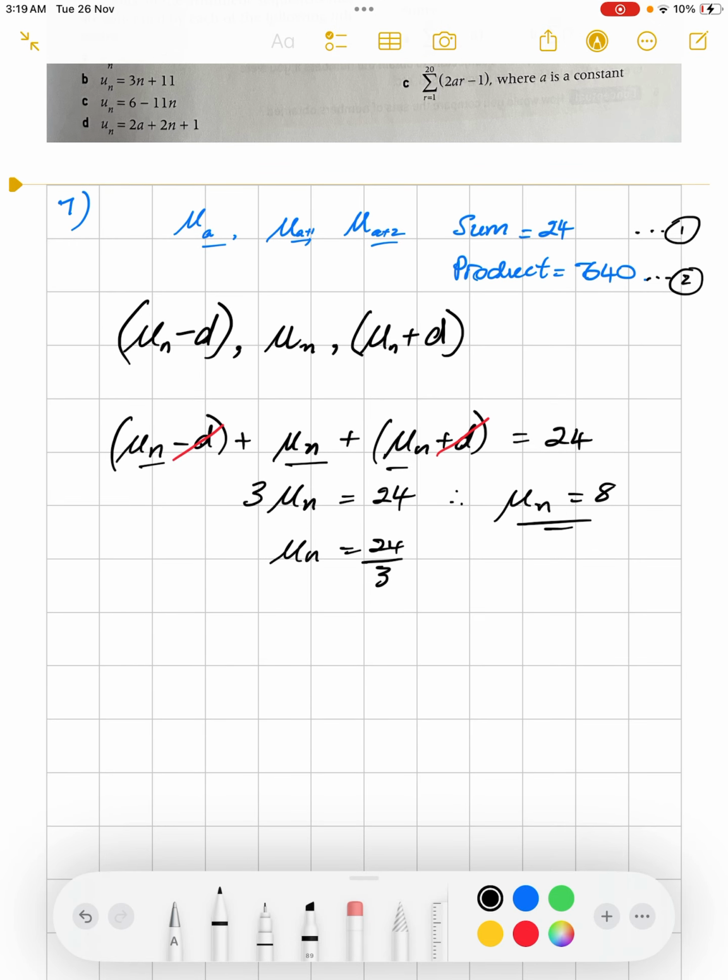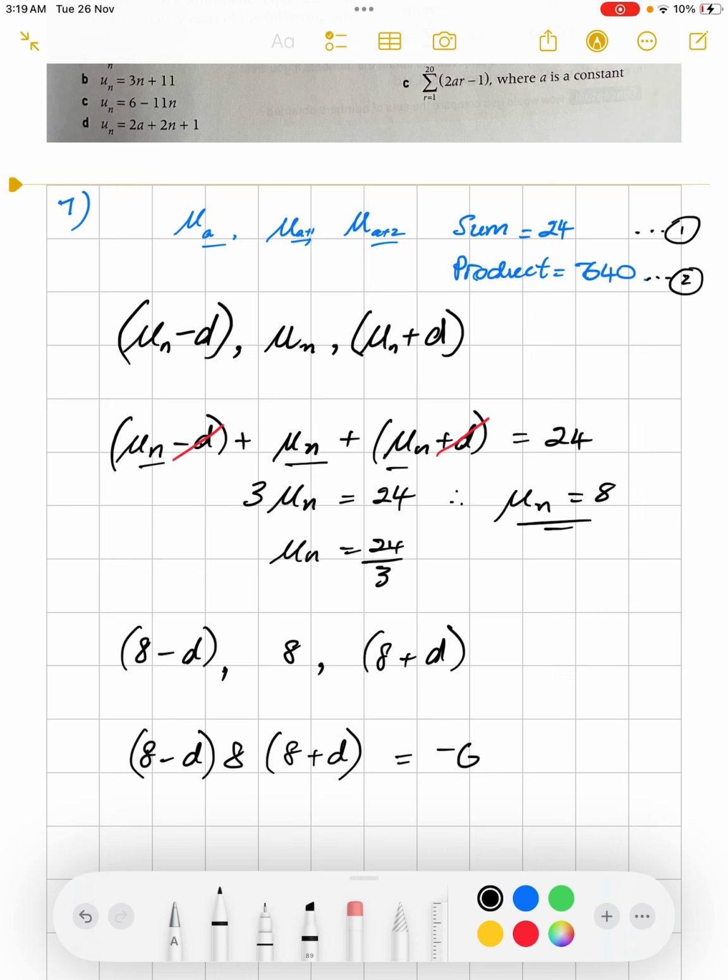So we know that it's going to be 8 minus d, 8, and 8 plus d. That's what we know now. And what we want to do now is look at equation 2. So 8 minus d times 8 times 8 plus d is going to equal negative 640. Well, we have to expand here.